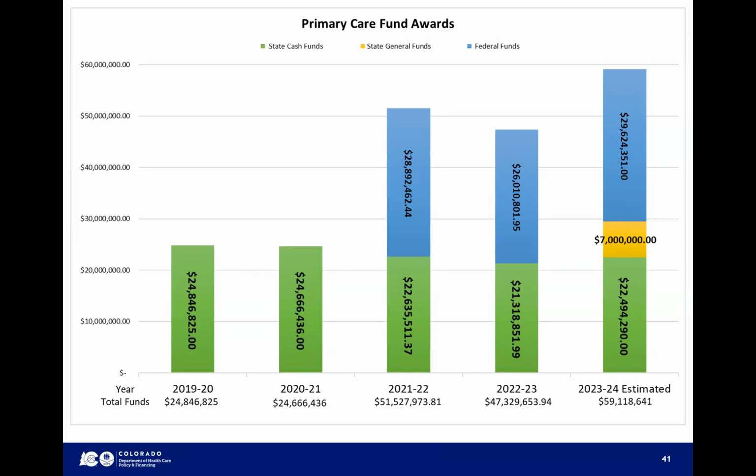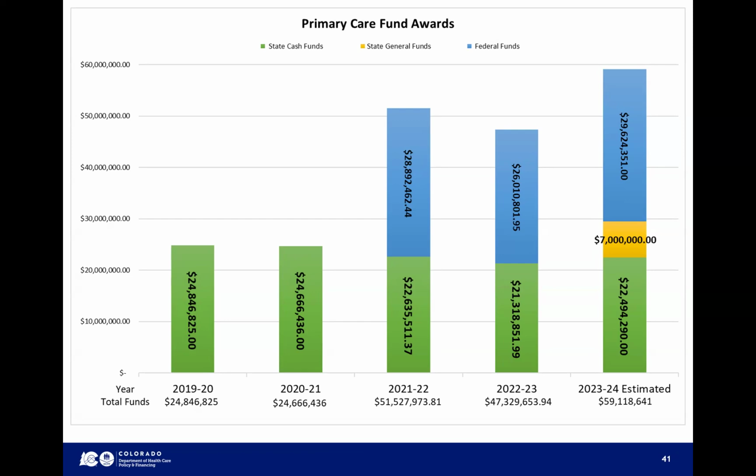So that includes a one-time grant of 7 million out of the state general funds, as well as 22.5 million in state cash funds and 29.6 million in the federal funds for those Medicaid clinics.